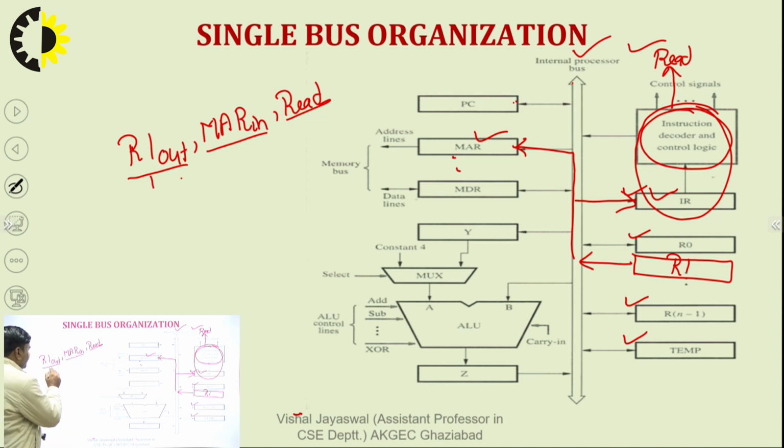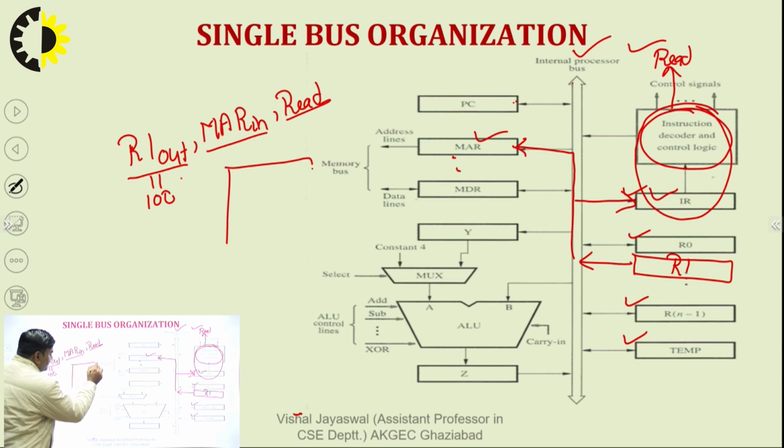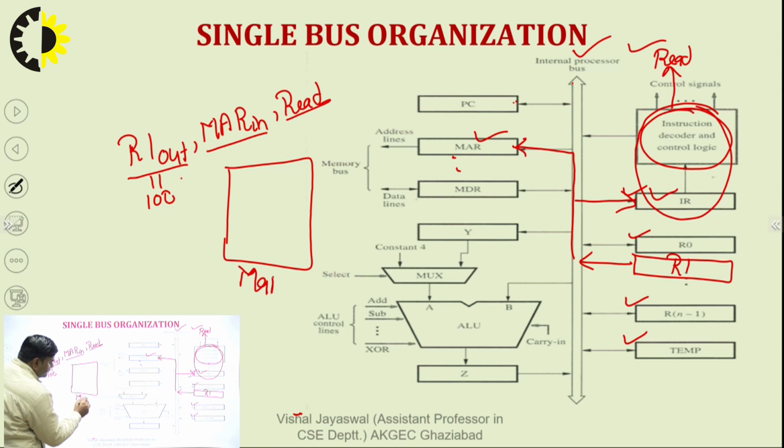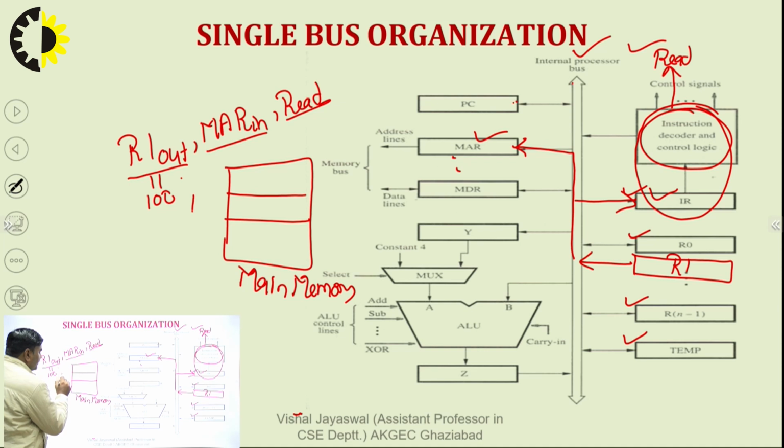Let's suppose the value of R1 is 100 and let's assume this is the main memory. Here there is the location 100, and suppose this is the instruction, this is the value or data.